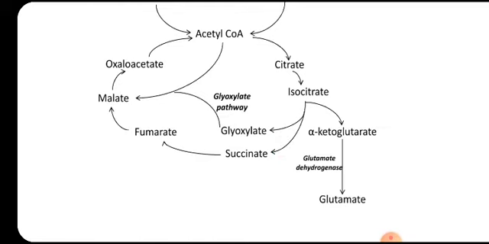That generally happens during the TCA cycle in the presence of alpha ketoglutarate dehydrogenase enzyme. So that is the benefit of the absence of alpha ketoglutarate dehydrogenase enzyme: alpha ketoglutarate gets converted to glutamic acid through glutamate dehydrogenase.